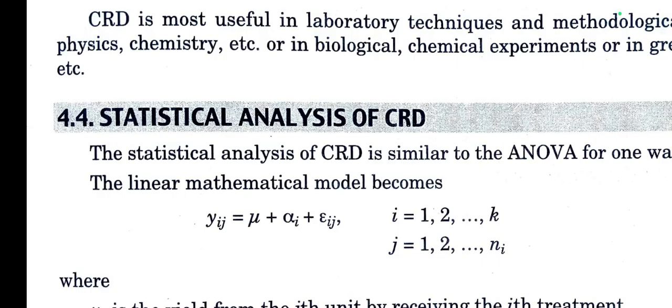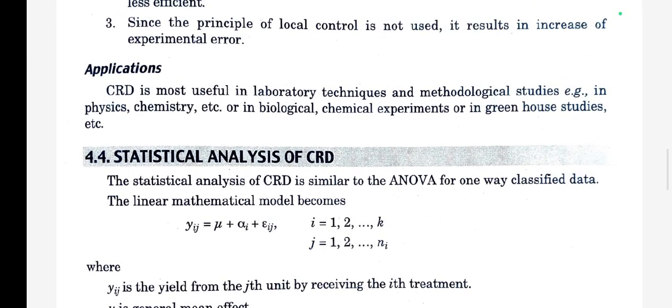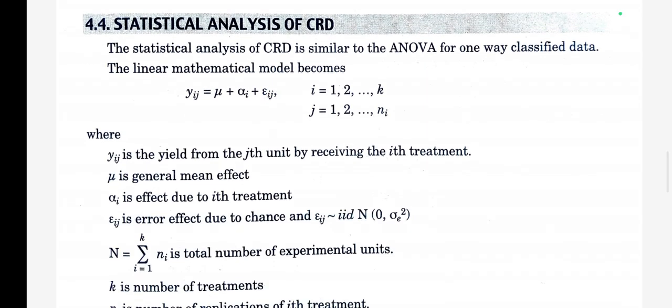The statistical analysis of CRD. Let's see the statistical analysis, which is very similar to the ANOVA one-way classification. The linear mathematical model becomes yij = mu + alpha i + epsilon ij, where yij is the yield from the jth unit receiving the ith treatment.